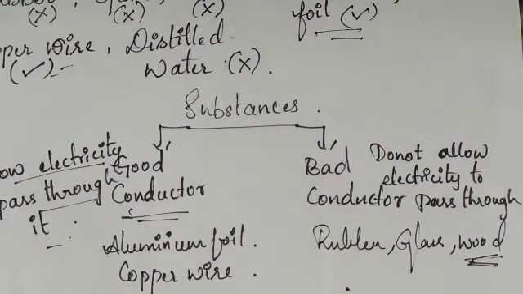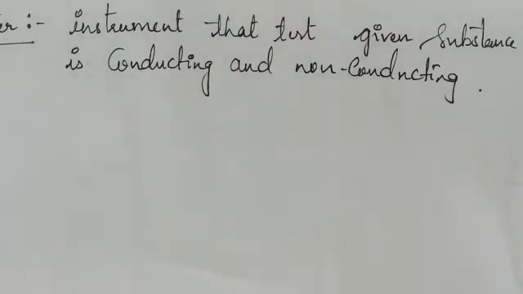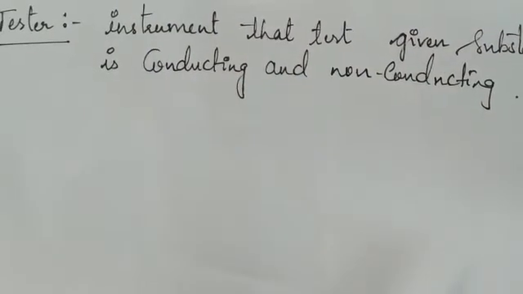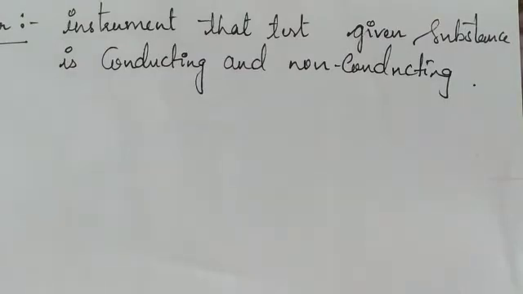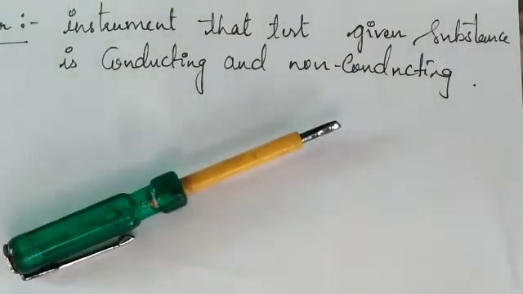How are we going to test whether these substances are good or bad conductors? The instrument used to test whether a given substance is conducting or non-conducting is called a tester. Conducting means a good conductor of electricity, and non-conducting means a bad conductor. I think many of you will have this tester in your homes.